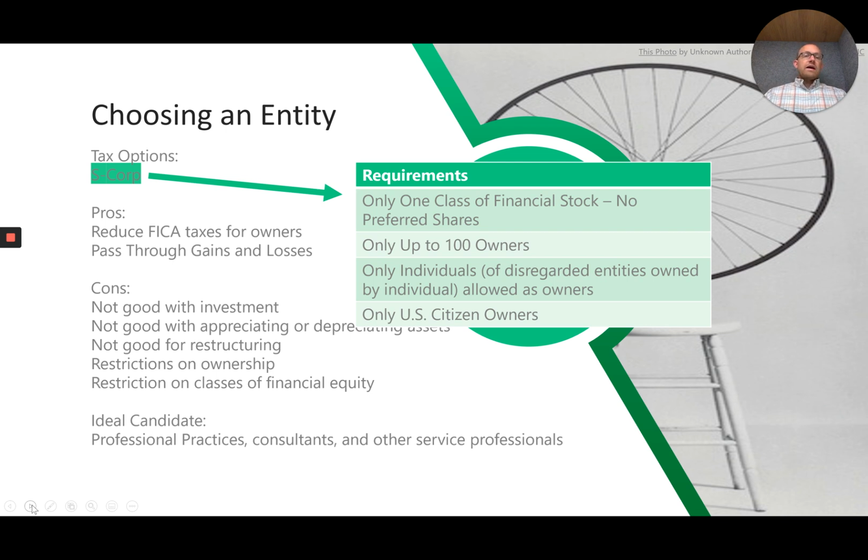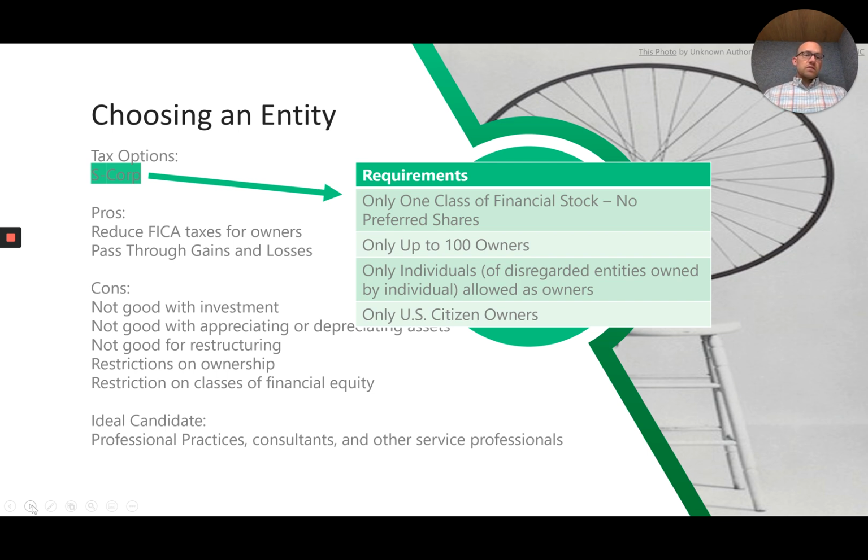You can also only have up to 100 owners. It needs to be a small business. The owners need to be only individuals, and there are a couple caveats to that. You can have a disregarded entity that is owned by an individual be an owner of an S corp, because for tax purposes that disregarded entity is considered only the individual for IRS purposes.